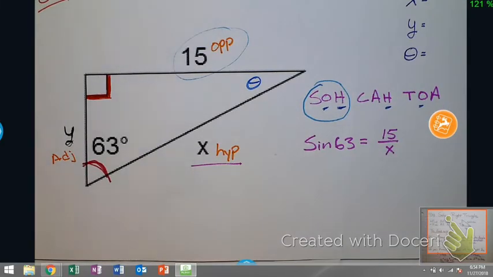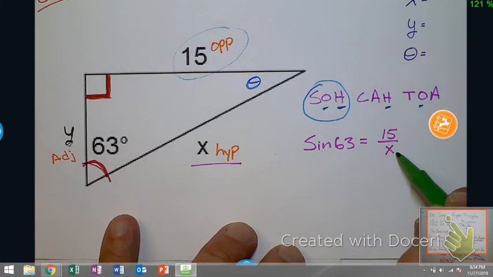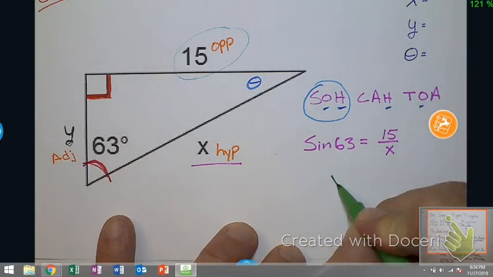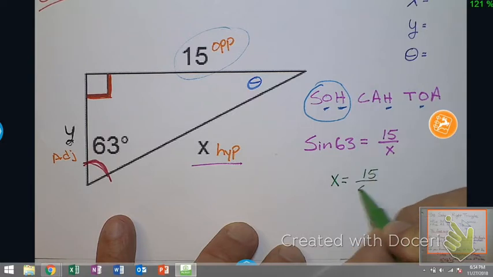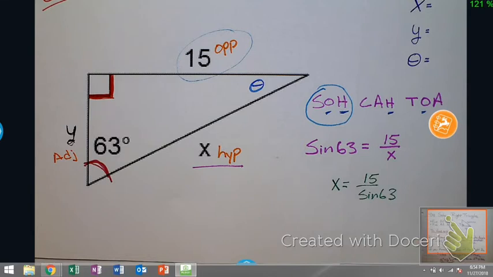Let's solve for x. Since x is on the bottom of the fraction, it tells me that after we cross multiply, it's going to turn out to be a division problem. X equals 15 divided by the sine of 63.